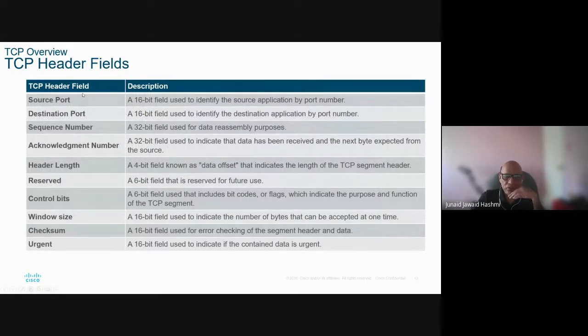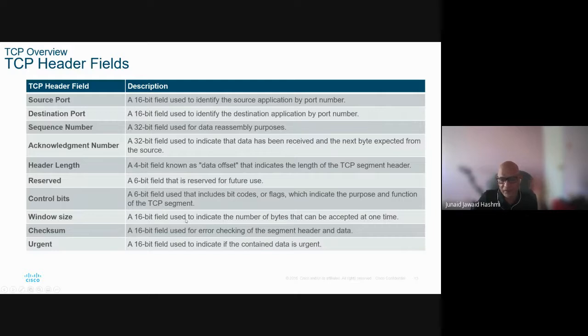All right, so the source port, as you already know, is a 16-bit field, then the destination port, and the sequence number, which is used for data assembly purposes. It has the acknowledgement number, the length of the header, which is the total length of the header, and then control bits and window size.